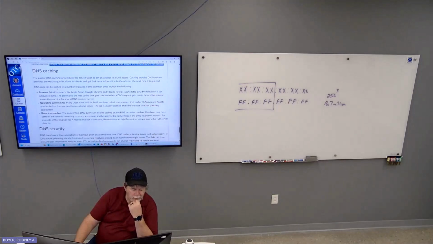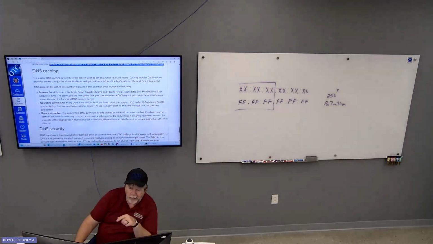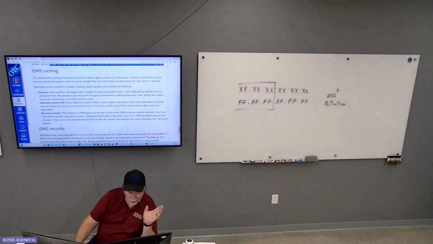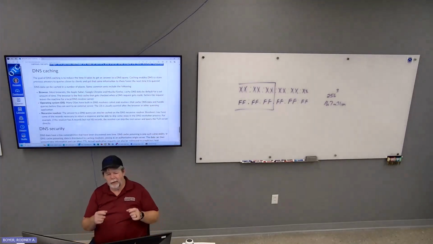DNS cache: the goal of DNS caching is to reduce the time it takes to get an answer to a DNS query. Anytime your computer does a DNS query, it stores that information in its own cache. So when you say I'm going to otc.edu, it's going to first say, hey, do I know where that is?